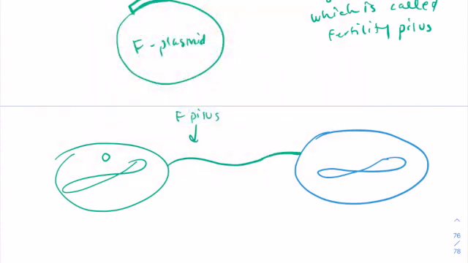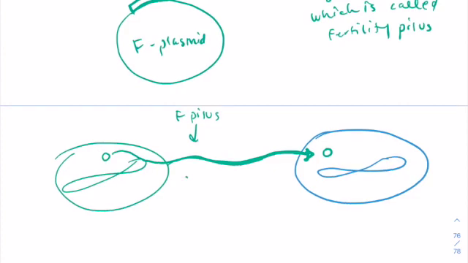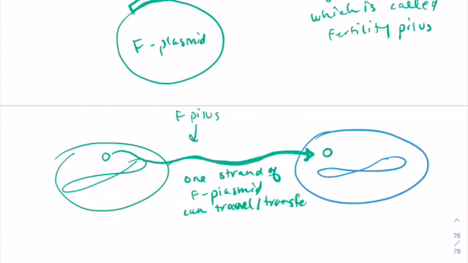And it basically forms a bridge through which one strand of the F plasmid can travel, or transfer, through the F pilus.